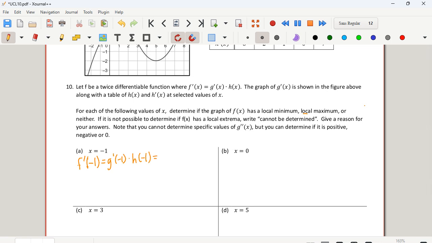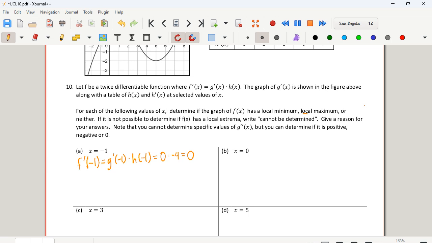Are either of those 0? Is basically the question. Yes. So that's going to be 0 times something else, which looks like -4, equals 0. So is it possible that x is a candidate for a local minimum or local maximum? Yes. F prime of -1 is 0. So f may have a local minimum or a local maximum at that value.